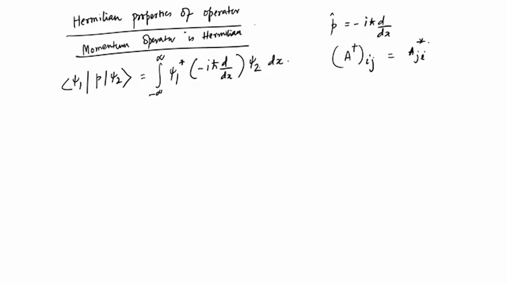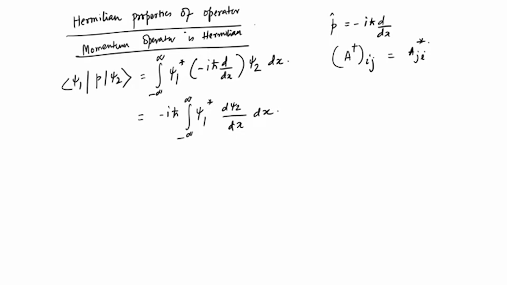There is no loss of generality, because you can trivially extend it to more than one dimension. Okay, and this is equal to minus i h cross, integral from minus infinity to plus infinity, psi 1 star d psi 2 dx. That is, d/dx acting on psi 2, whatever is there on the right of d/dx will act on that.